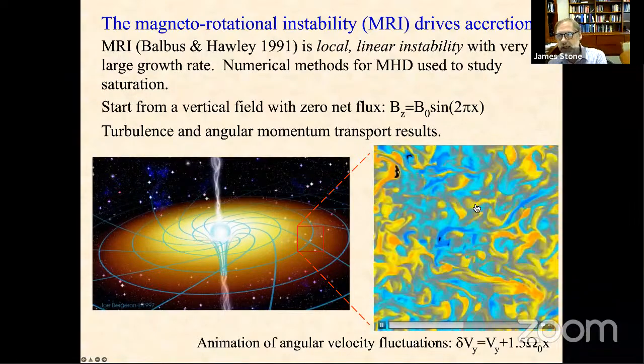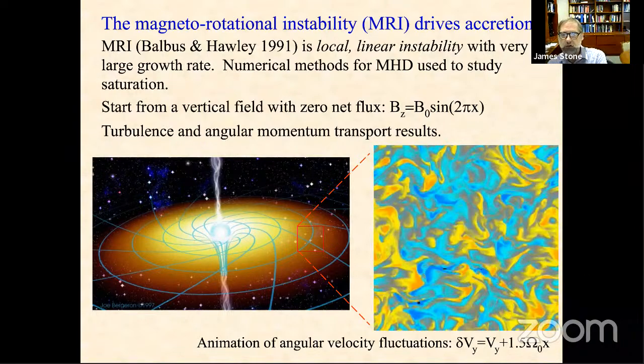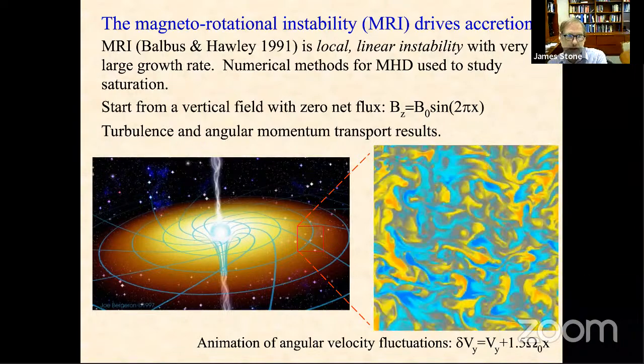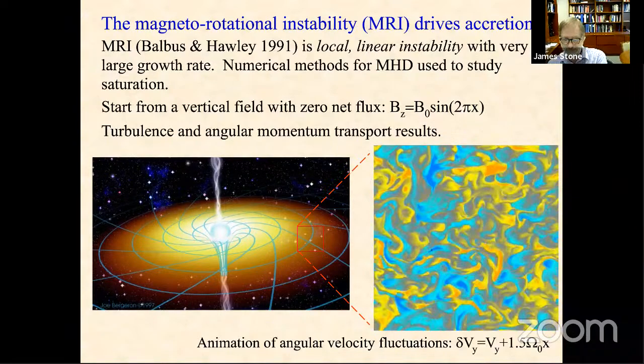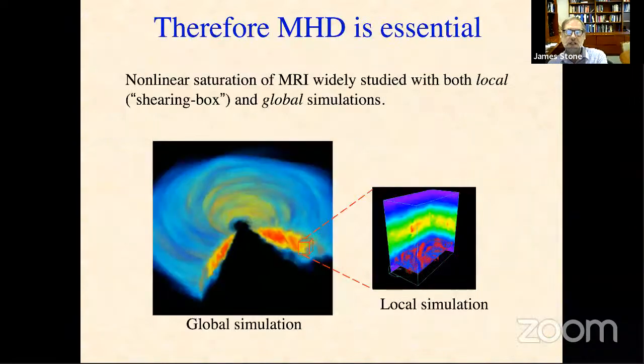You have to incorporate magnetic fields directly. You can't just model this with a viscosity. It needs to be modeled with full MHD. And so MHD is essential for modeling black hole accretion flows. We can either use so-called global simulations, which I'll talk about mostly today, in which we model the entire accretion flow over many decades in radius.